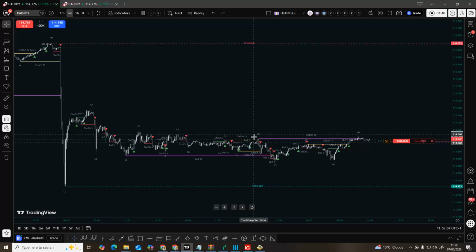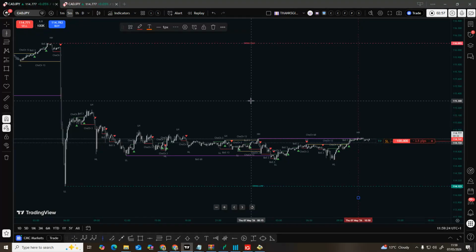Then we had this first higher high, followed by lower low, lower high, higher low. Boom, we had the second higher high. Then when we have this second higher high, this is the clue. This is the first time we can say now we have a low.